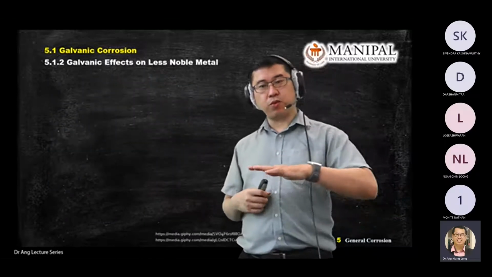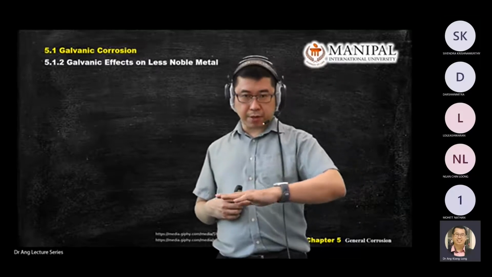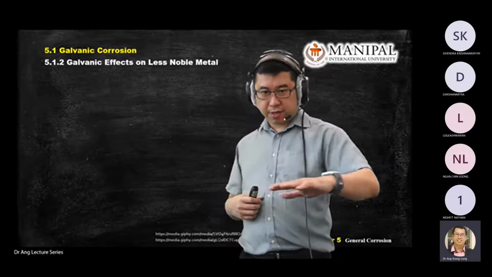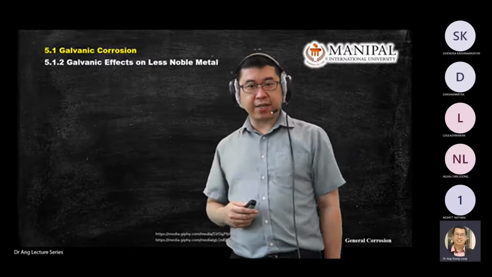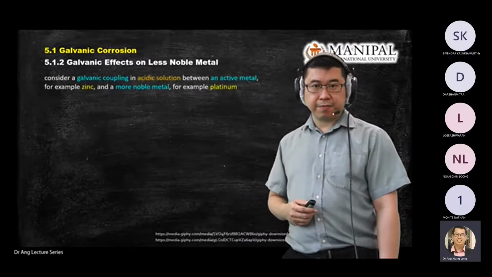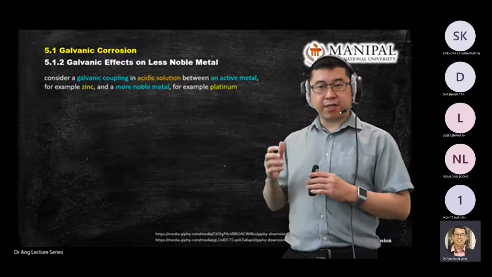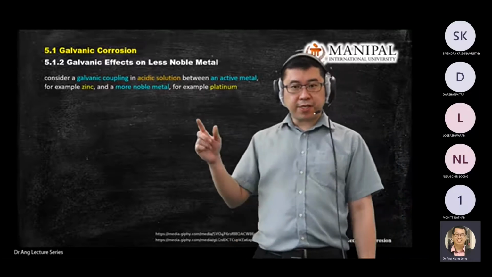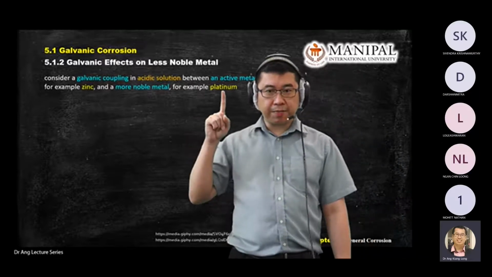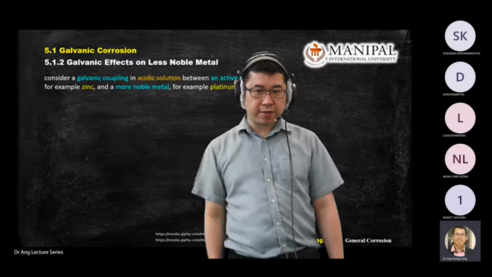What happened to the less noble metal M here, or the anode layer? We will look at a few examples. First example, we look at platinum and zinc.